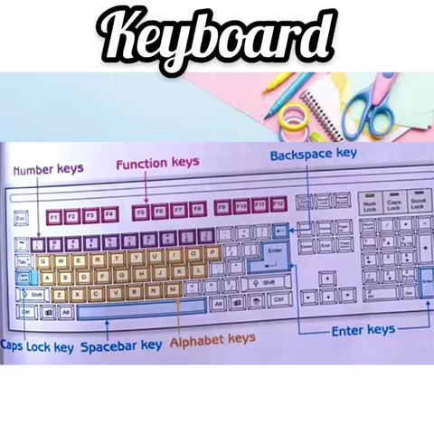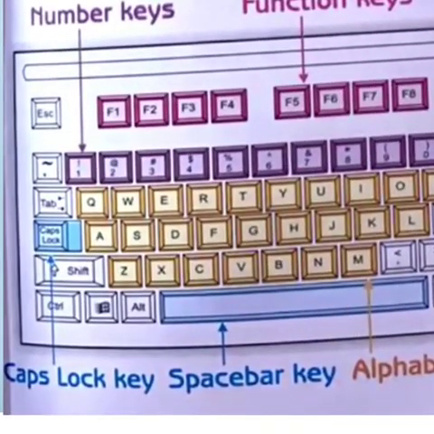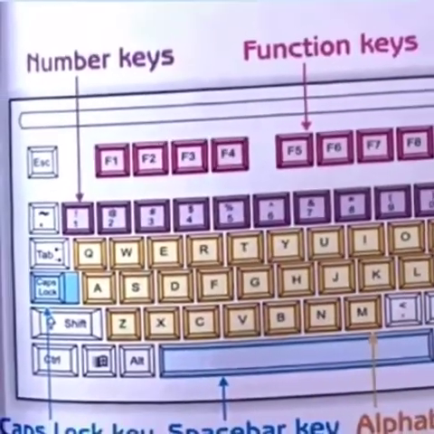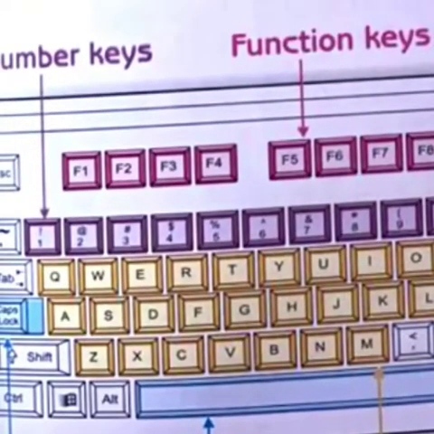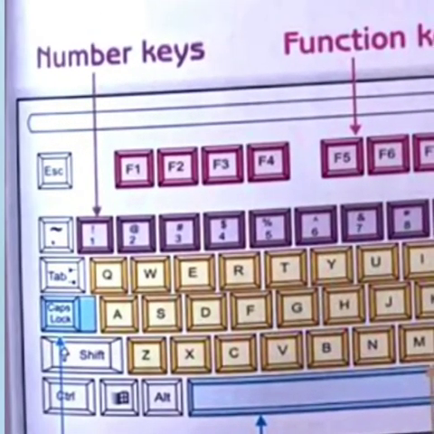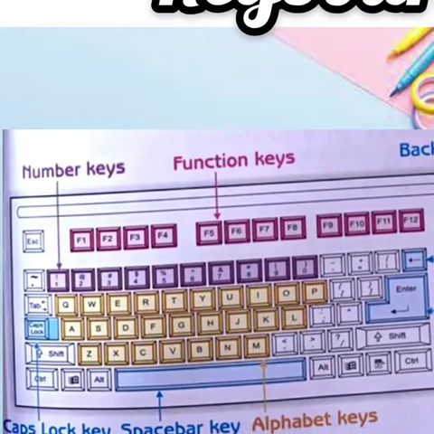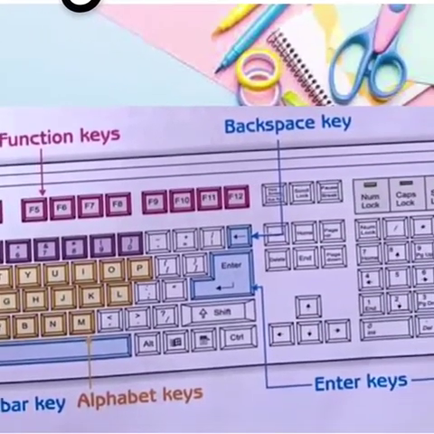So kids, this is the picture of the keyboard where all the keys are mentioned. Okay, so here is the caps lock key in this corner. Now these are the number keys. These are the function keys in the topmost row.